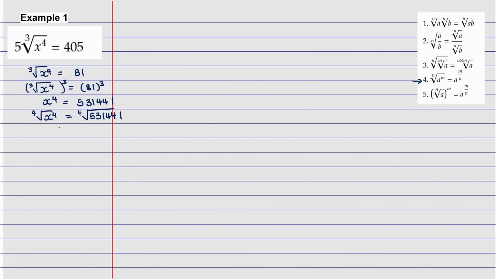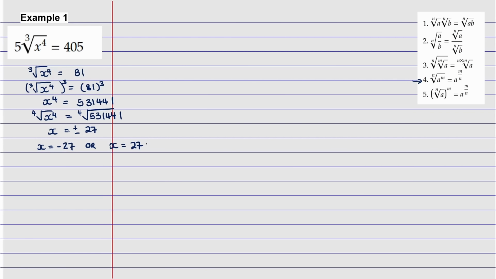When I do that, it's going to be that to the power of 1 over 4, right? So it's going to be 27. So x is going to be, since it's an even root, plus or minus 27, meaning x can be equal to negative 27 or x is equal to positive 27.